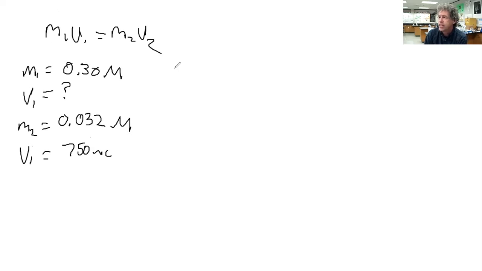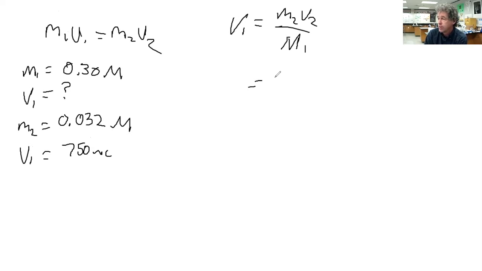We can rearrange this equation to isolate V1 by dividing both sides by M1. So V1 equals M2 V2 over M1.